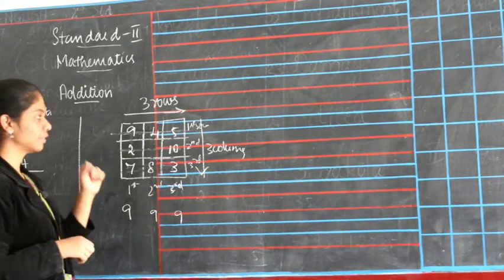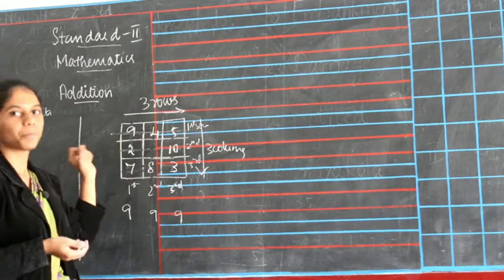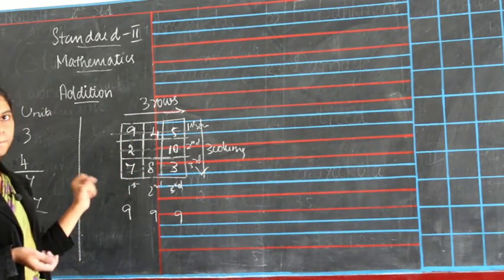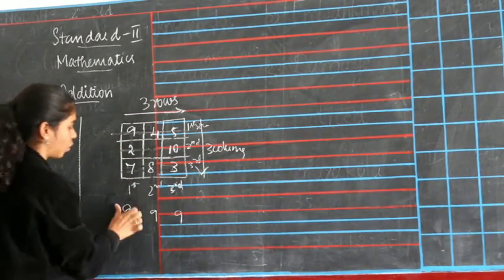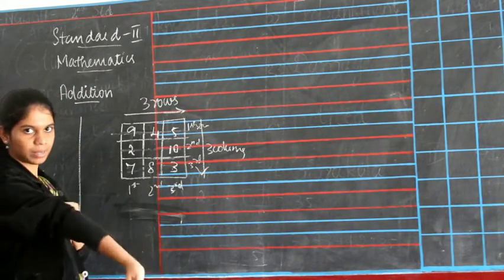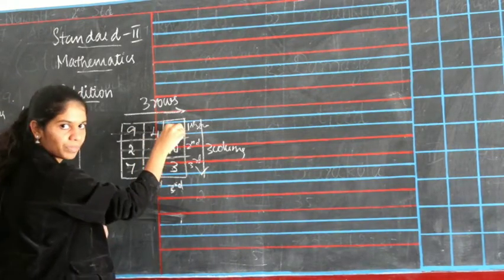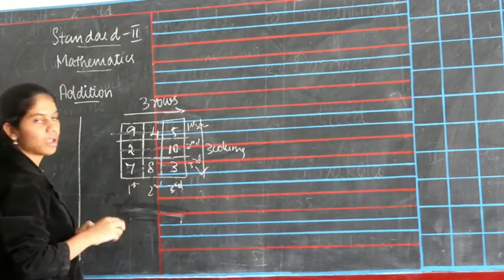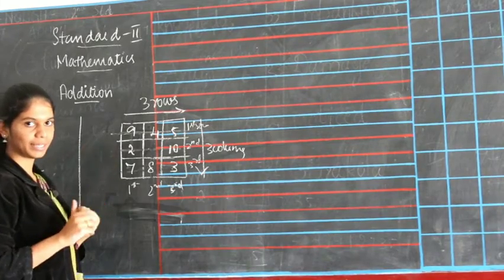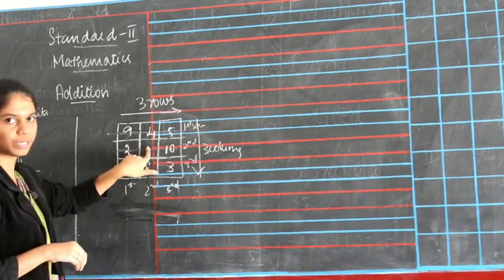Okay, so our job is to fill in the numbers so that it becomes a perfect magical box. So let's see. See, this row is filled and this row is filled. We'll just add them and check whether it is a magical box, and then we'll try and fill this one.